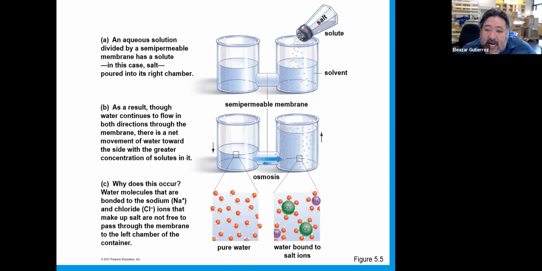Now what we're going to do is put salt in one of the beakers and not the other. What's going to happen is that through osmosis, water is going to move from an area of high concentration to an area of low concentration. Why is this low concentration? Because over here we have nothing but water, and over here we have water plus salt.